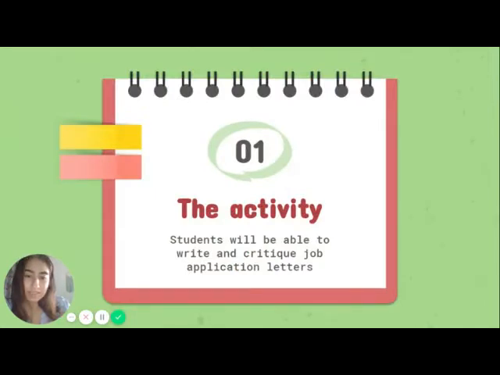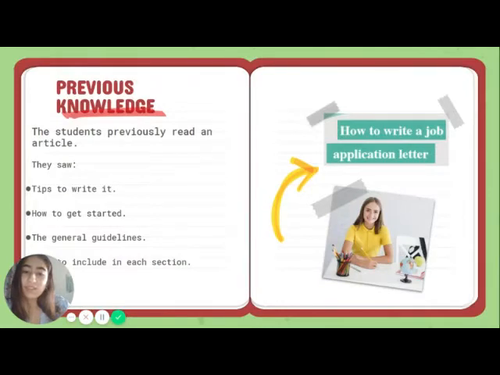The main objective here is that students will be able to write and critique job application letters. But first, let's contextualize a bit and see the previous knowledge they have. The students previously read an article which is called How to Write a Job Application Letter, and you can find it in the Ministry of Education English book for 11th grade students.